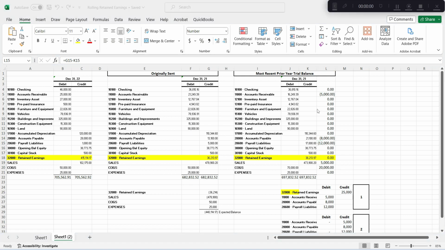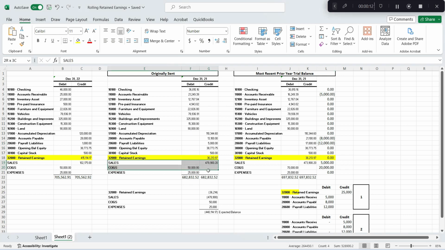So when I typically roll retained earnings, I ignore the income statement. So I just pull up the balance sheet and compare balance sheet accounts, because ultimately anything that was in the income statement, the net income difference, is going to be plugged to retained earnings. So in this case, we have $5,000 that we need to add back to the trial balance.